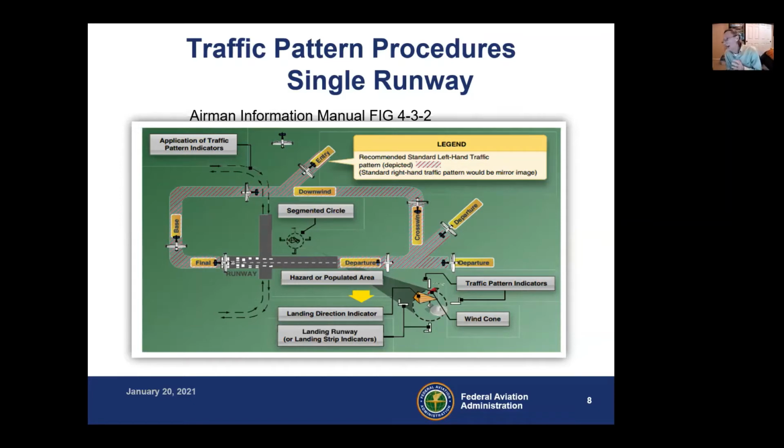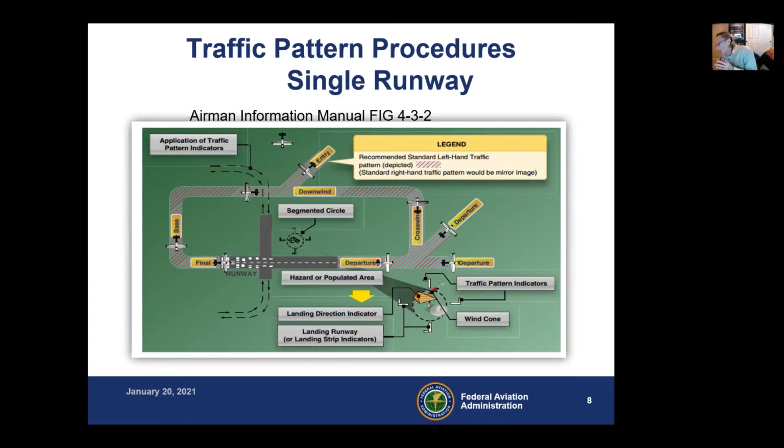Now, the AIM recommends entering the traffic pattern along the appropriate downwind leg from a 45-degree angle. The 45-degree angle provides optimum vigilance to see downwind and departing traffic. Segmented circles and other traffic pattern indicators cue pilots as to the direction as well as the wind, etc. So put this in the back of your mind.